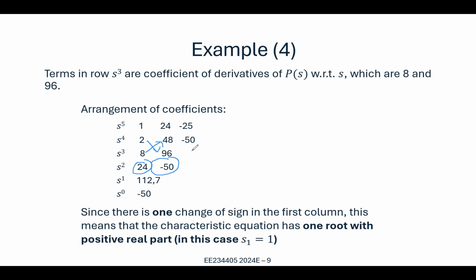So in the end, we can get the entire first column, the leftmost column, and we now see that there is one value that is negative, which means that we can conclude that there is one pole in this characteristic equation which has a positive real value, which implies that the system is not stable.